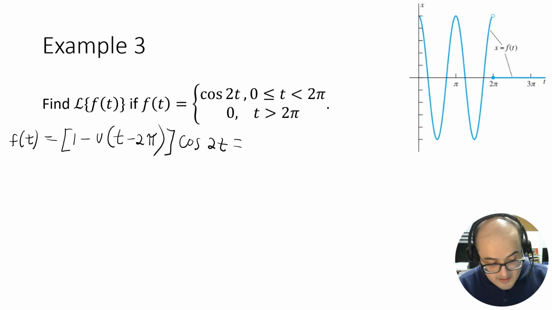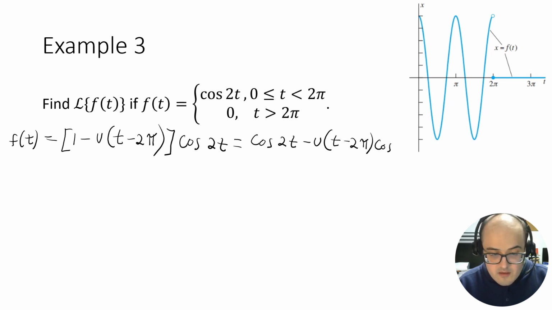And that's going to be equal to cosine of 2t minus u of t minus 2 pi times the cosine of 2 times t minus 2 pi.